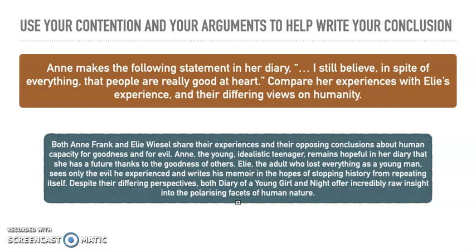Anne, the young idealistic teenager, remains hopeful in her diary that she has a future thanks to the goodness of others. Ellie, the adult who lost everything as a young man, sees only the evil he experienced and writes his memoir in the hopes of stopping history from repeating itself. Despite their differing perspectives, both Diary of a Young Girl and Night offer incredibly raw insight into the polarizing facets of human nature. And that's it.